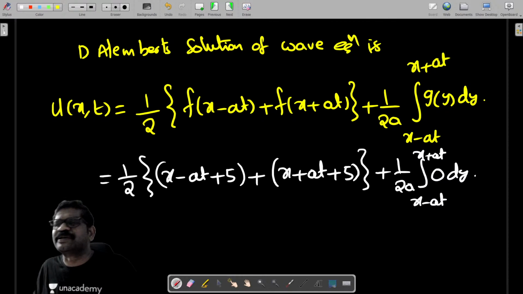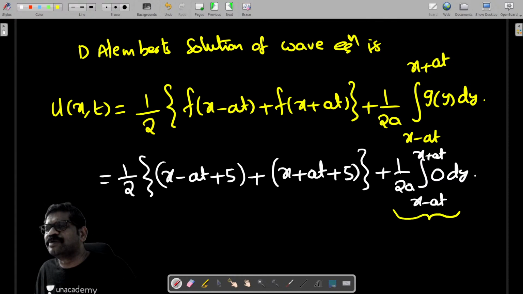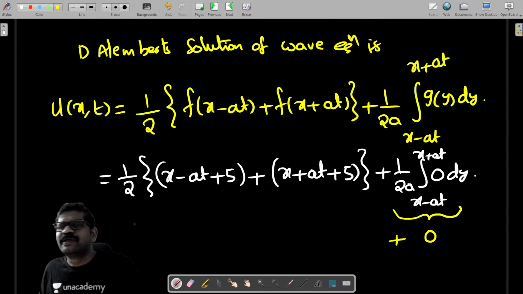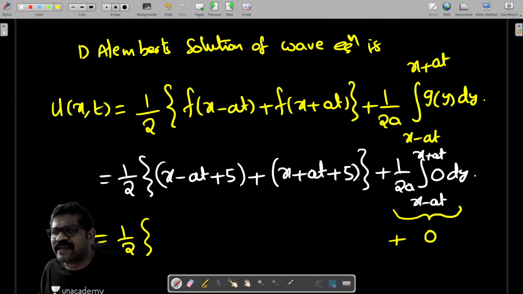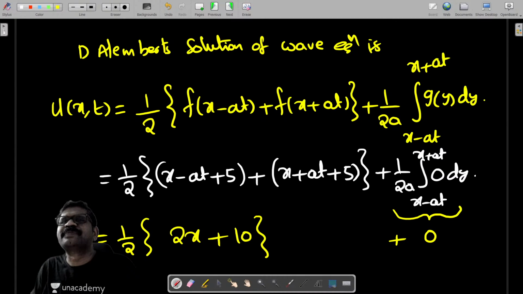So after simplification, this term is going to become 0. Now 1 by 2 of x minus at plus 5 plus x plus at plus 5, minus at plus at under cancellation. x plus x is 2x. 5 plus 5 is 10. So 2x plus 10, plus 0. Now 1 by 2 of 2x plus 10 is x plus 5.